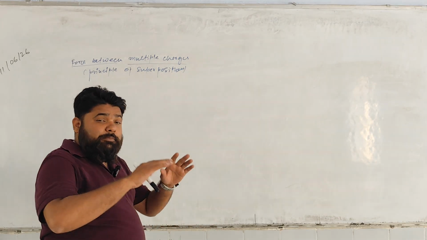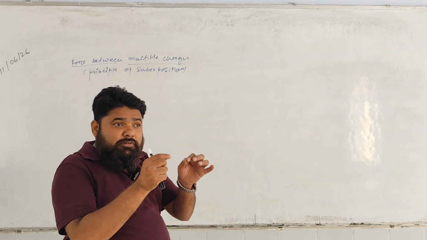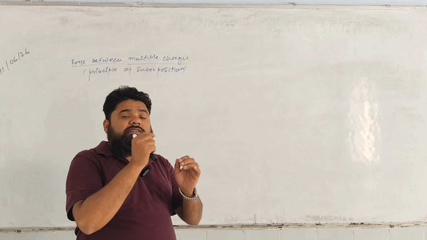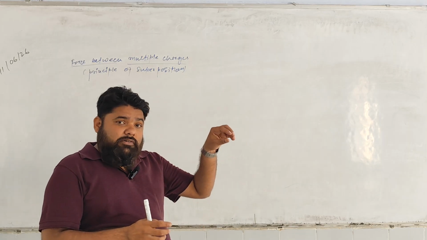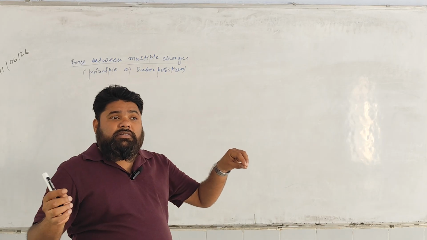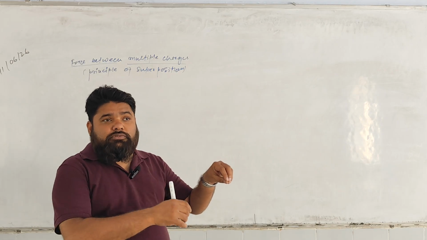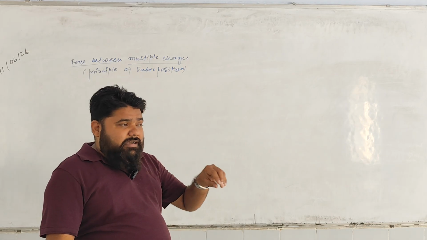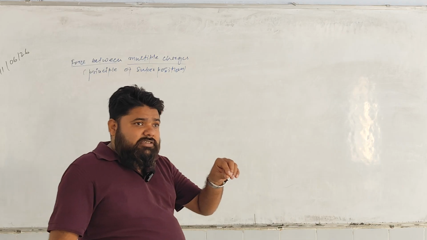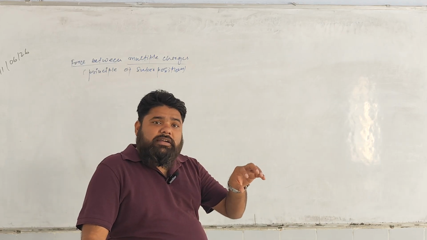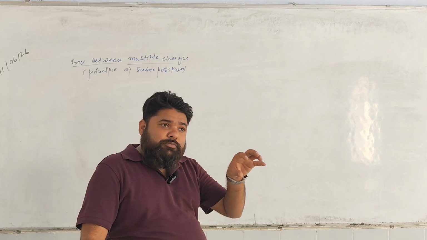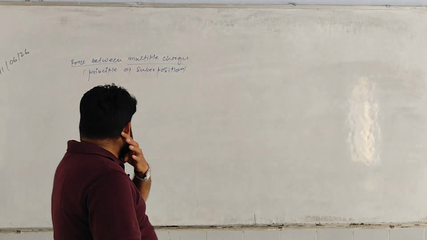Now in this video we have a bunch of charges. Then on a particular charge, multiple forces are acting: a force due to 1, due to 2, due to 3, due to 4. At a single charge there are multiple forces, and each force is directed in a different direction. So what will be the net force on that particular charge?